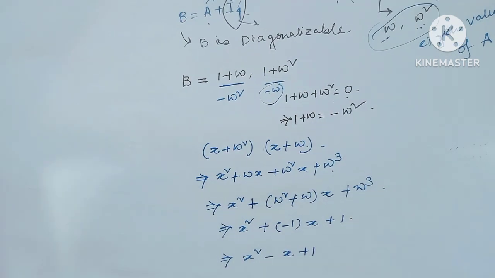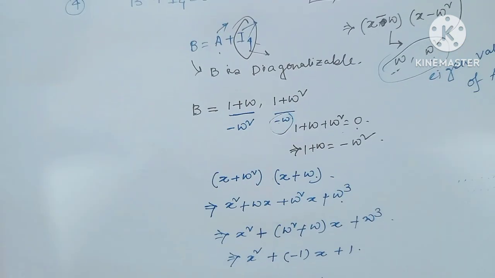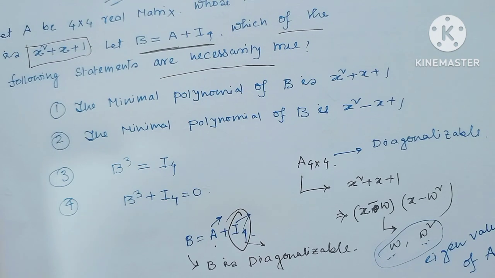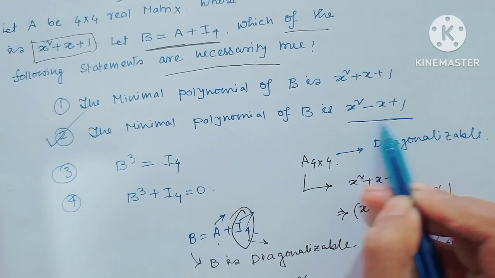This is the minimal polynomial of the matrix B. So the minimal polynomial of B is x square minus x plus 1.